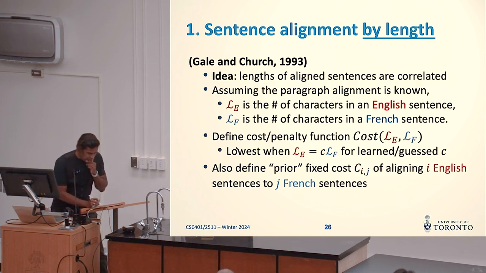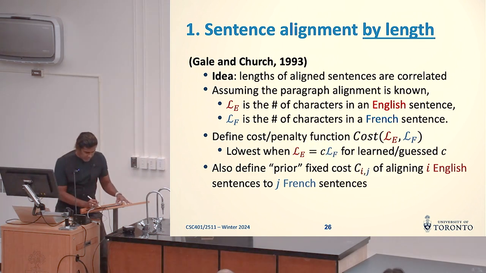And you define a prior fixed cost C_ij of aligning i English sentences to j French sentences. For example, in the previous alignment example, we had a bead with 2 English sentences and 1 French sentence, so C_ij would be C_2,1.